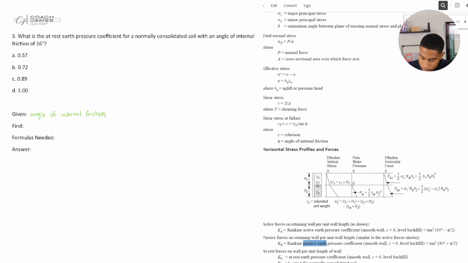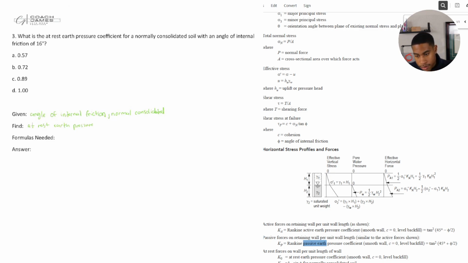They also give us that it's normally consolidated. And so we're trying to find what? We are trying to find the at rest earth pressure.